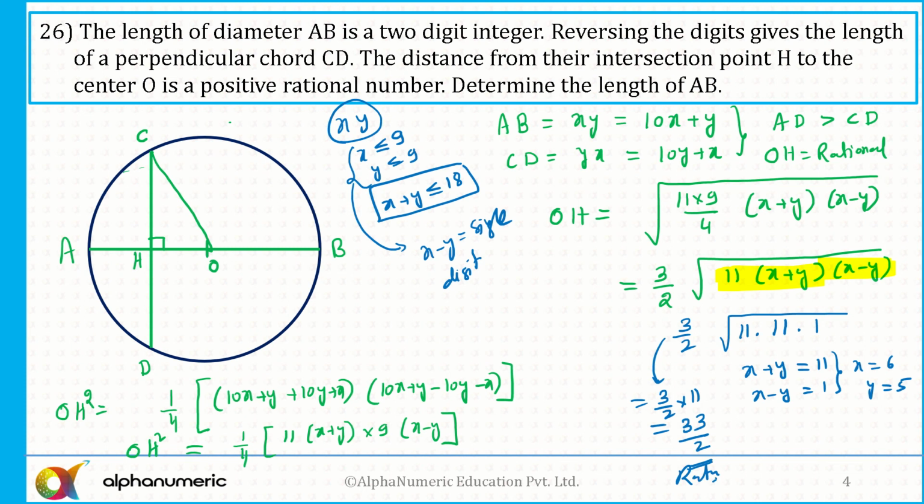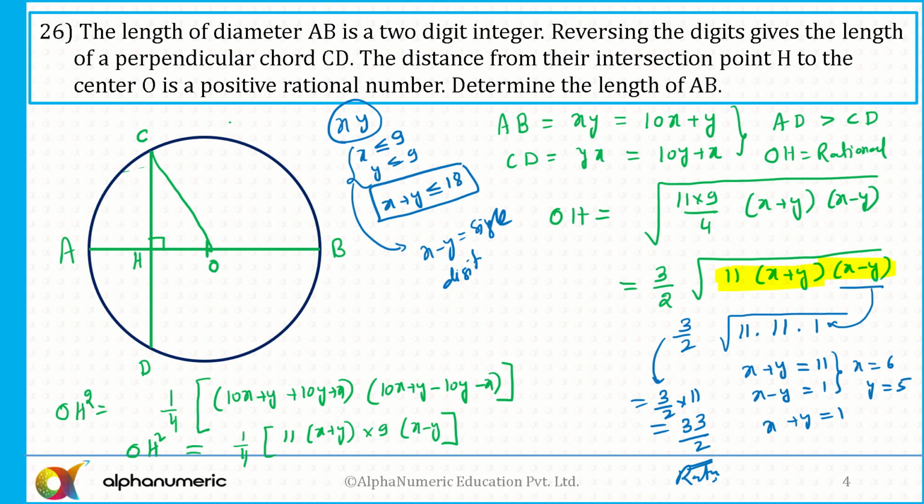Now, some of you might think, what are the other possible values of x minus y? x minus y has to be a perfect square also. So if x plus y is equal to 11, what are the two numbers I need to select such that the difference is also a square?